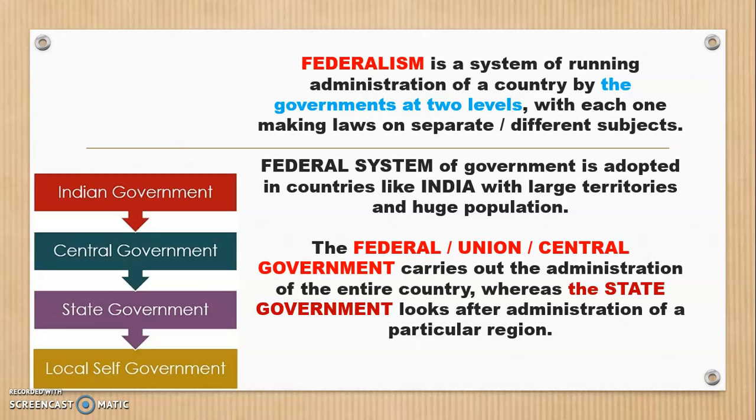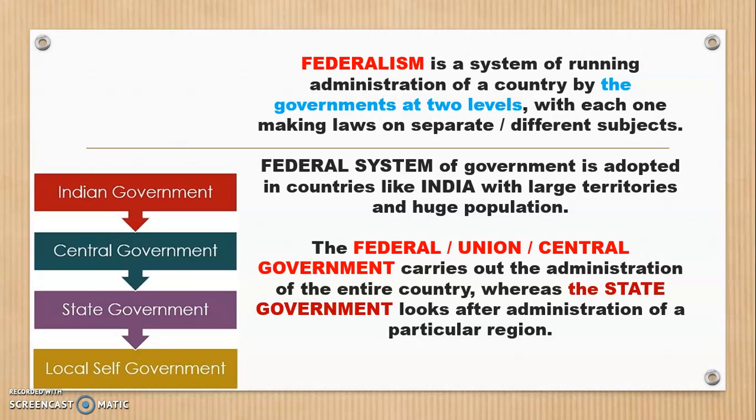Now, the federal or the union or the central government, these are the two levels. It is also called the federal government, the union government, or the central government. This is one party which carries out the administration of the entire country. On the other side, we have the state government, which looks after the administration of that particular region or state.